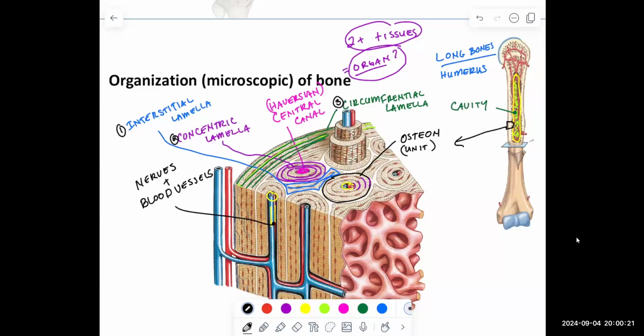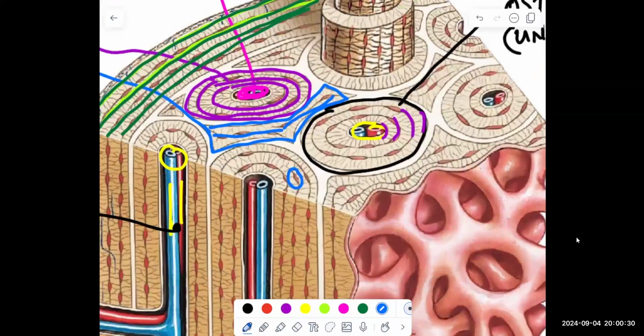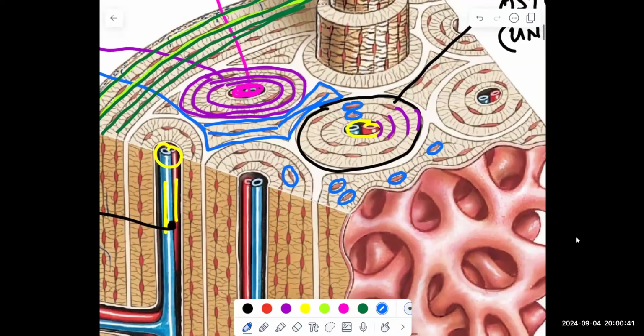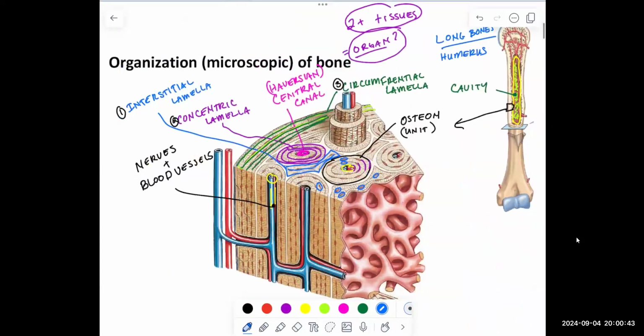One thing that folks don't notice, it's a little hard to see here, these little red things. Let me zoom in on those. These are little spaces that are filled with bone cells. What are bone cells called? Osteocytes, and they are in the layers. Osteo means bone, cytes means cell.